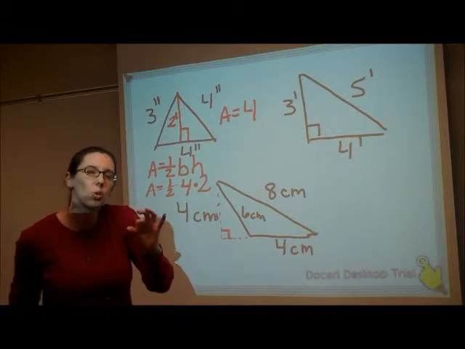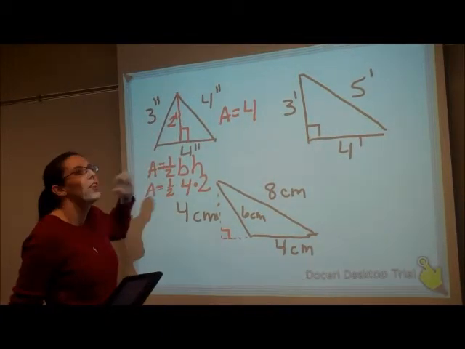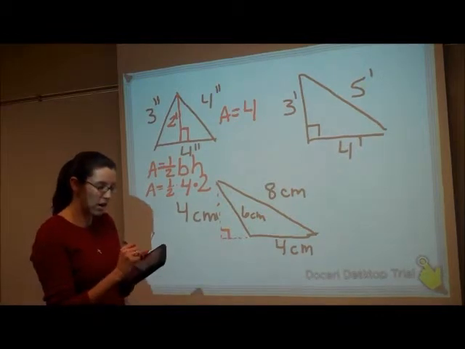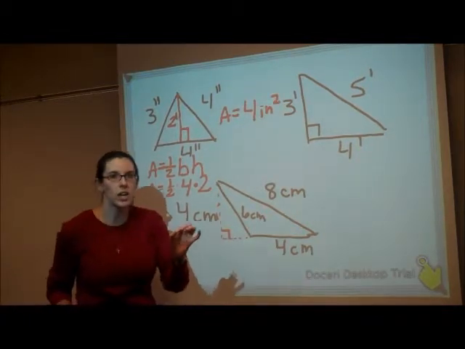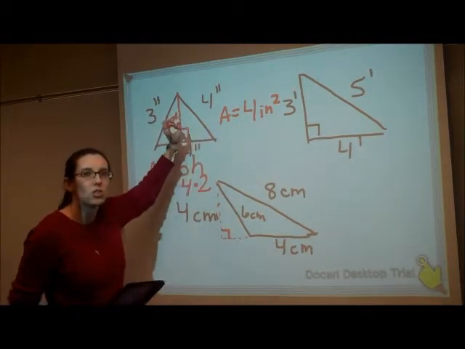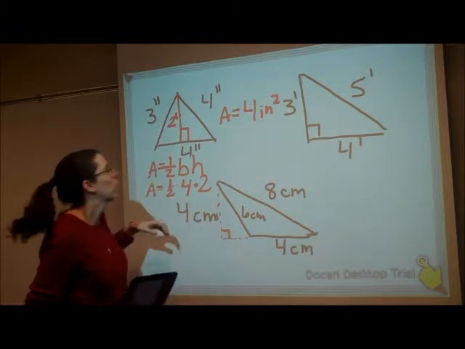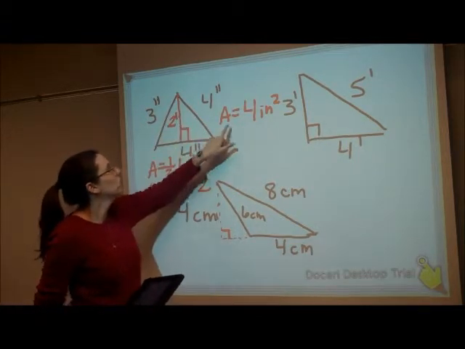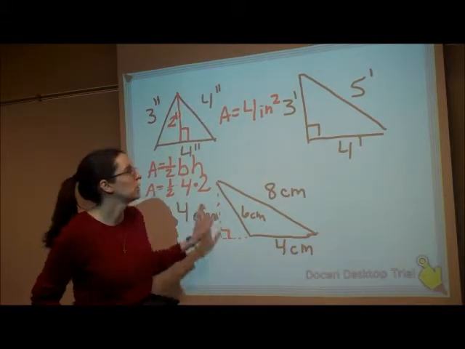How many of those squares would it take to cover this triangle? That's why in area, you have units squared, because we're looking at how many little squares or tiles, however you want to think of that. How many does it take to cover it? Okay, so the area of this triangle is 4 square inches. So again, these two little lines mean inches.